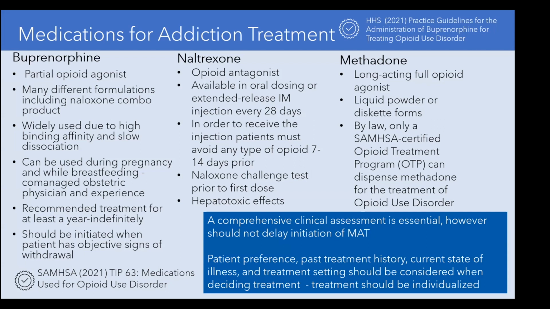And in order to receive the injection, patients must avoid any type of opioid 7 to 14 days prior. And a naloxone challenge test should be administered prior to the first dose, as long as it's not a pregnant patient. And you do want to be mindful of any patients with hepatic insufficiency, as this medication can cause hepatotoxic effects.